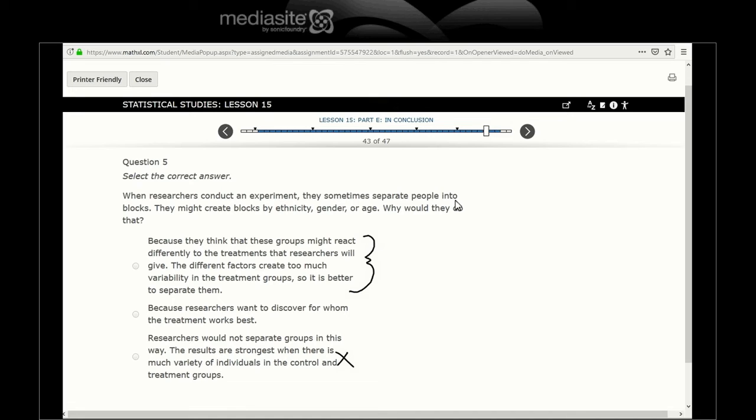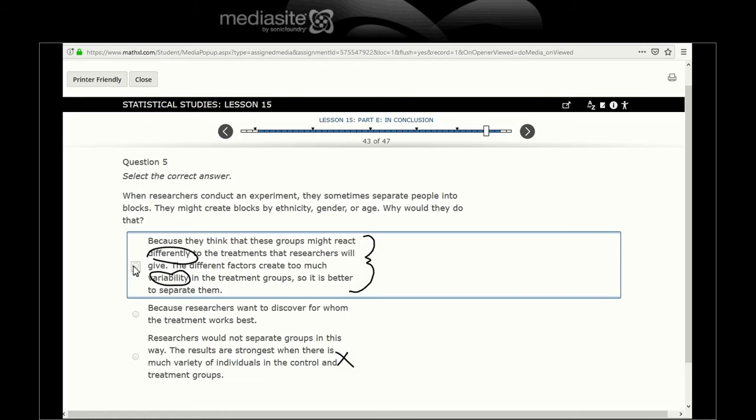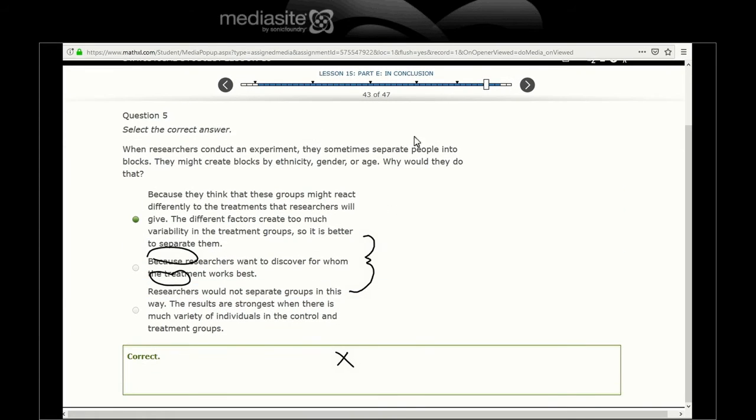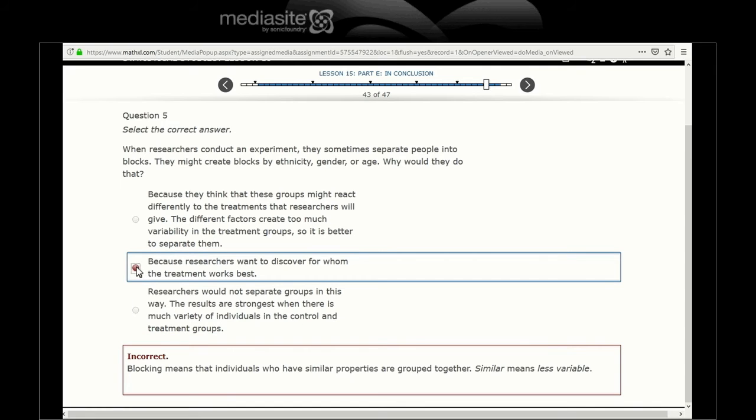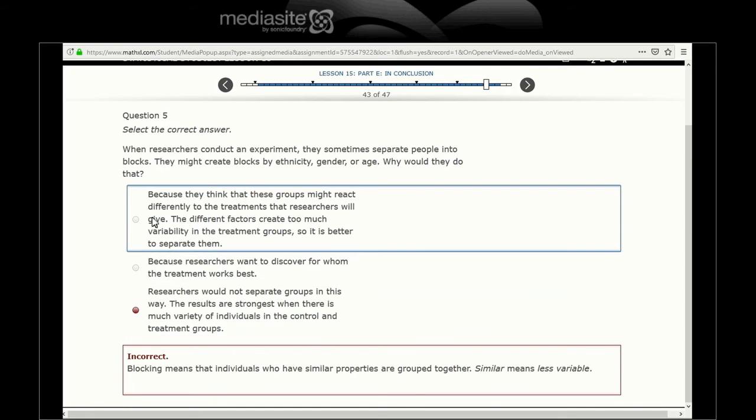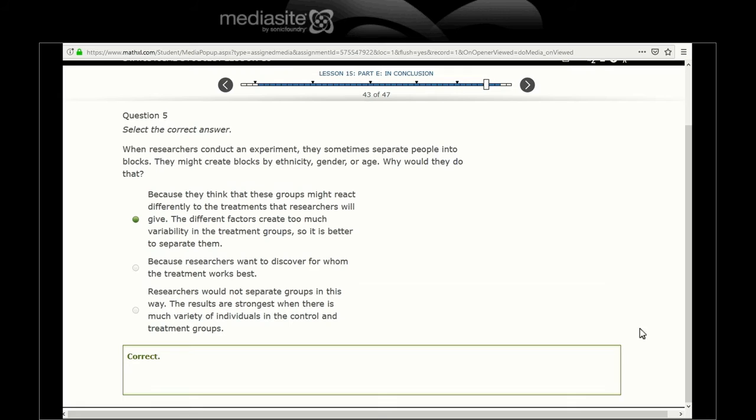By limiting the factors within a group, you minimize variability, just because of maybe differences in how they react. So we block them to minimize that. So yes.